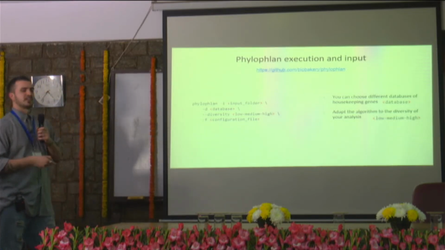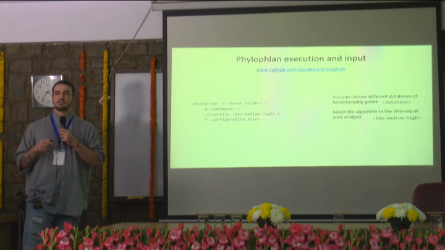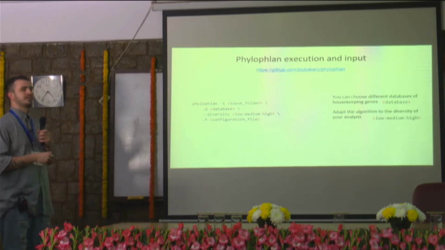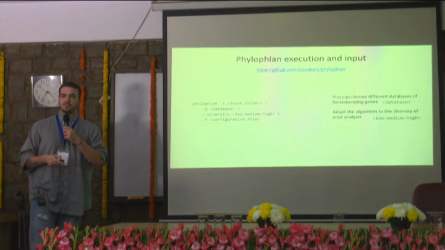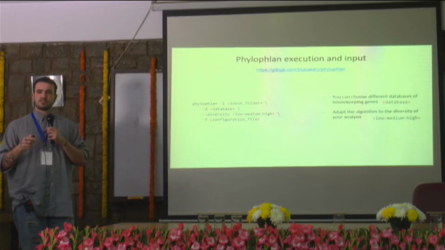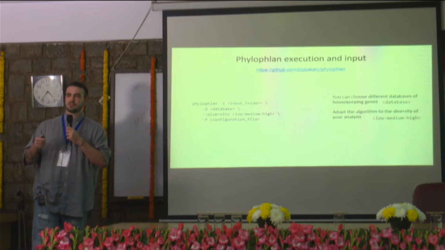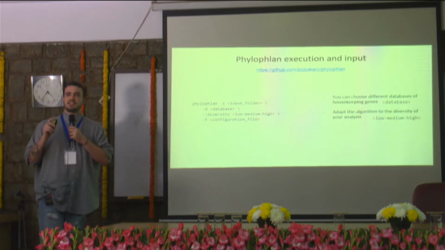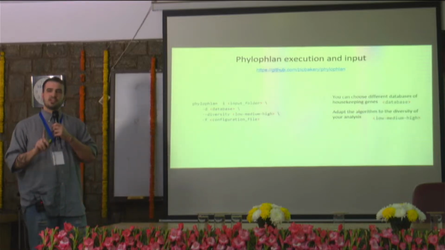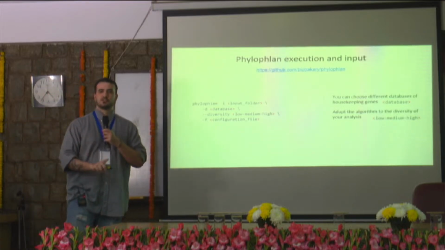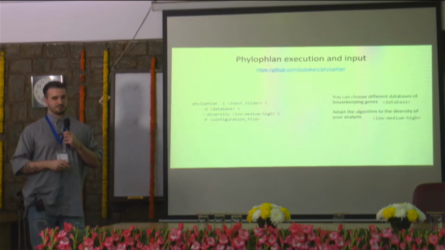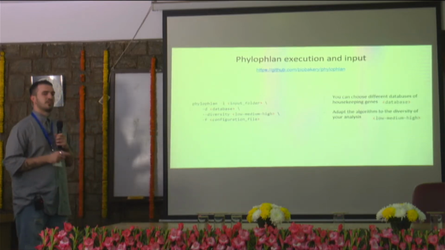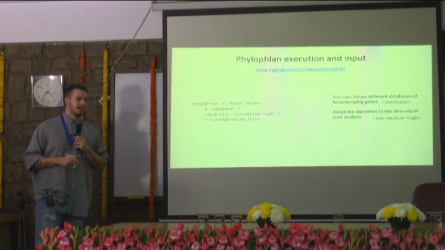Then if you have, for example, all the genomes from the same genus, you will choose medium. And imagine that you have genomes from different organisms, from different phyla or even kingdoms. Then you will choose high diversity. And then the algorithm of Phyloflan3 will automatically adapt to the diversity that you want to see. And that's a really nice thing that other software don't have.